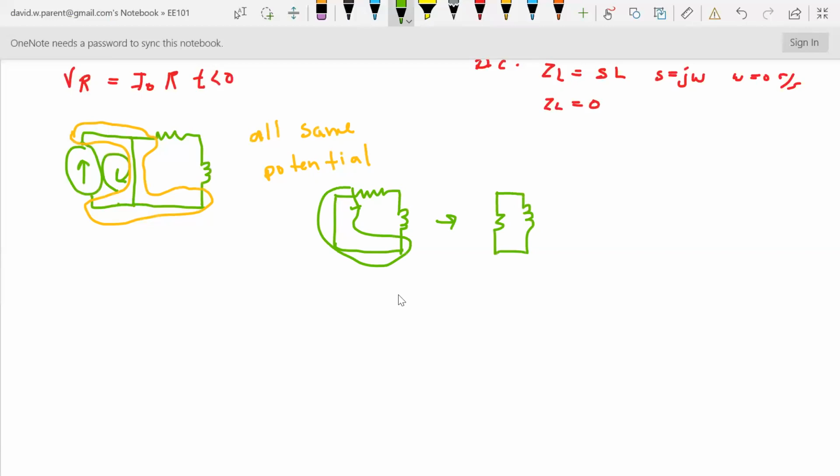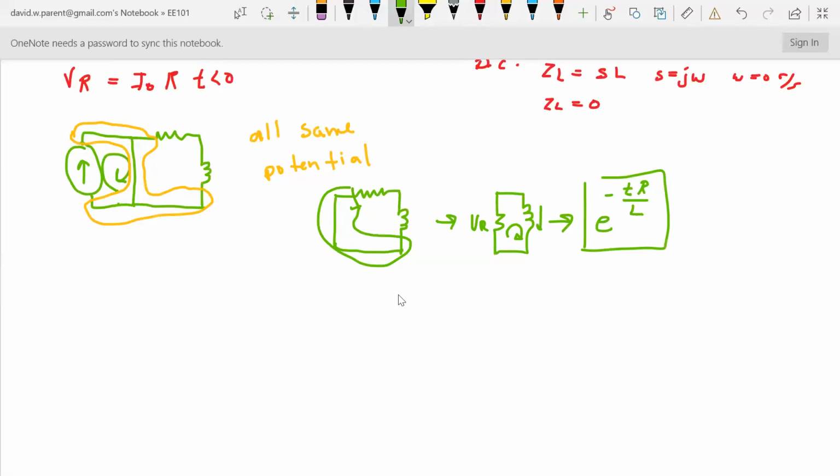Well, and I might have jumped the gun a little bit, but that's the next part, how long. But think about it, as I have VR, right? I have this inductor current.